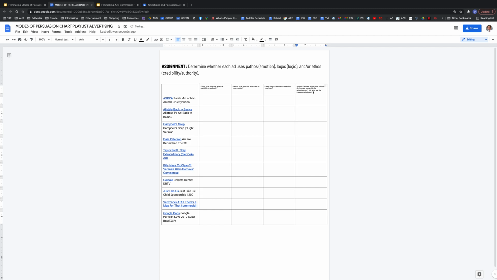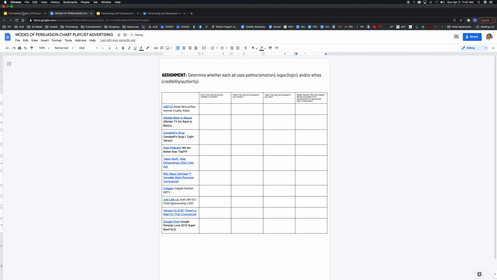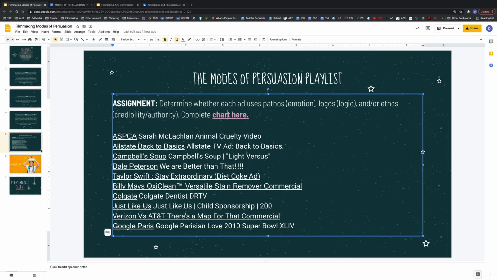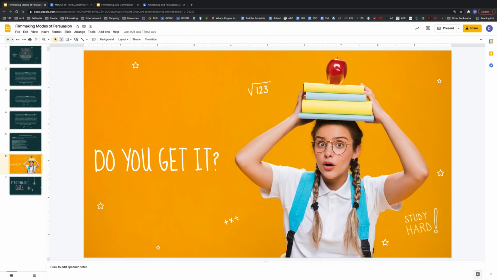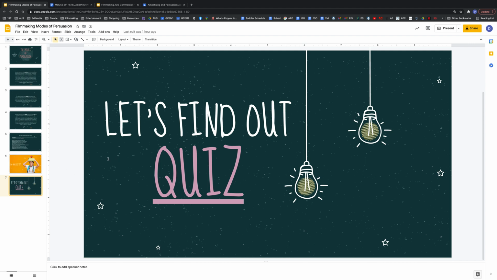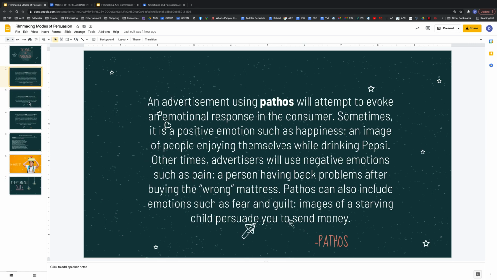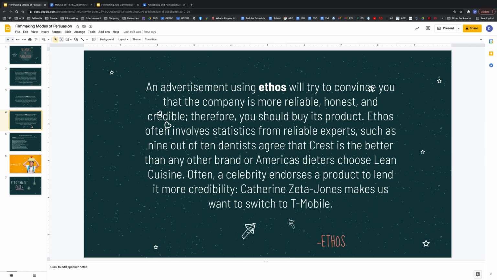All right, so these are modes of persuasion. At the end of this, I've created a cute little Google Forms quiz where you're basically going to be saying, is this ethos, pathos, or logos? And a lot of that corresponds to the examples that I've spelled out here. Among these, remember that ethos is a testimonial type. Yeah, so there's that.